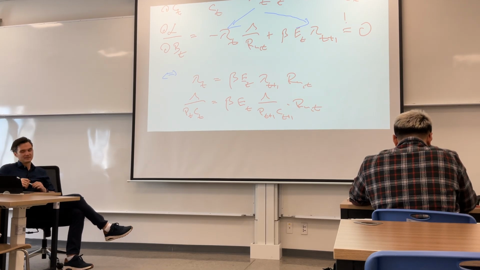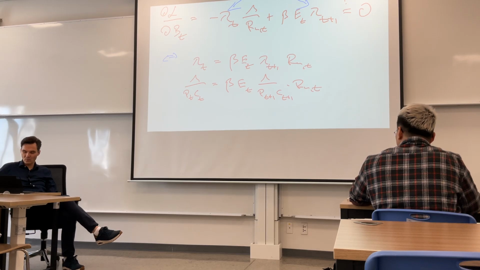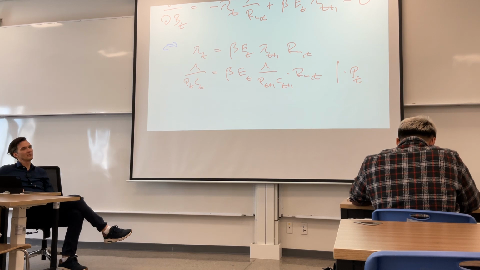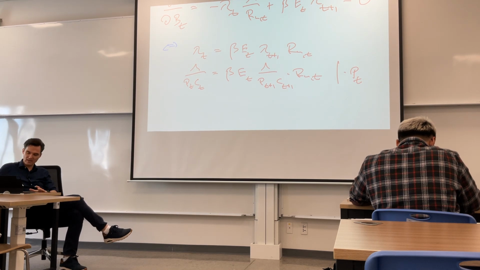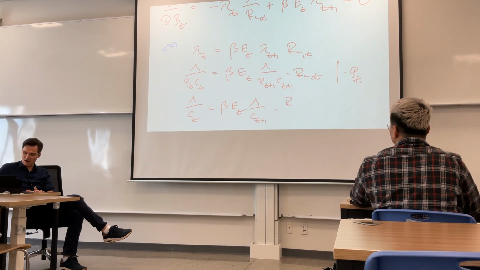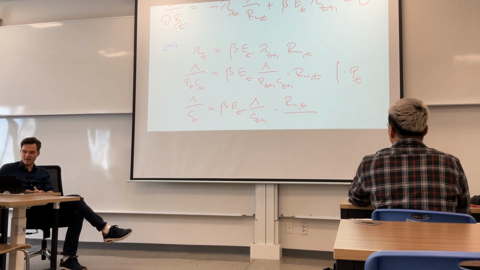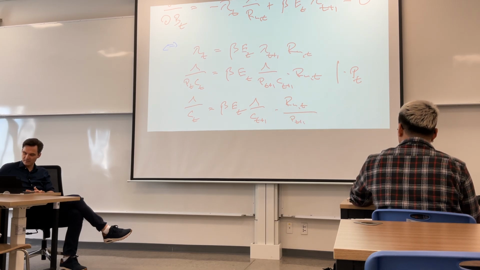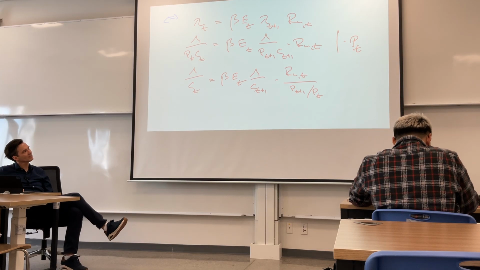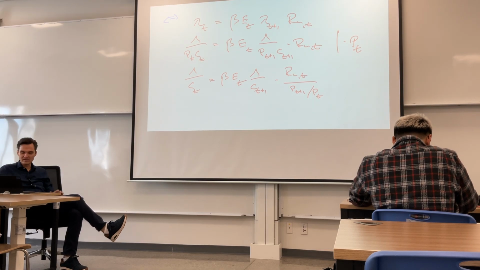Excellent. Now the last substitution: I'm going to multiply this equation through by PT, and then you're going to get 1 over CT is equal to beta E t of 1 over CT plus 1 times Rn comma T divided by PT plus 1 divided by PT. It's just a straightforward multiplication through. What is this object here in the basement?